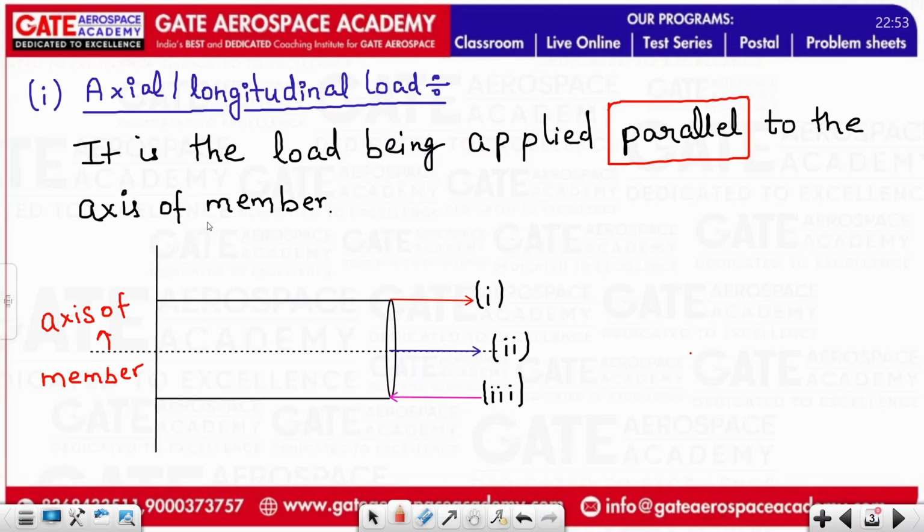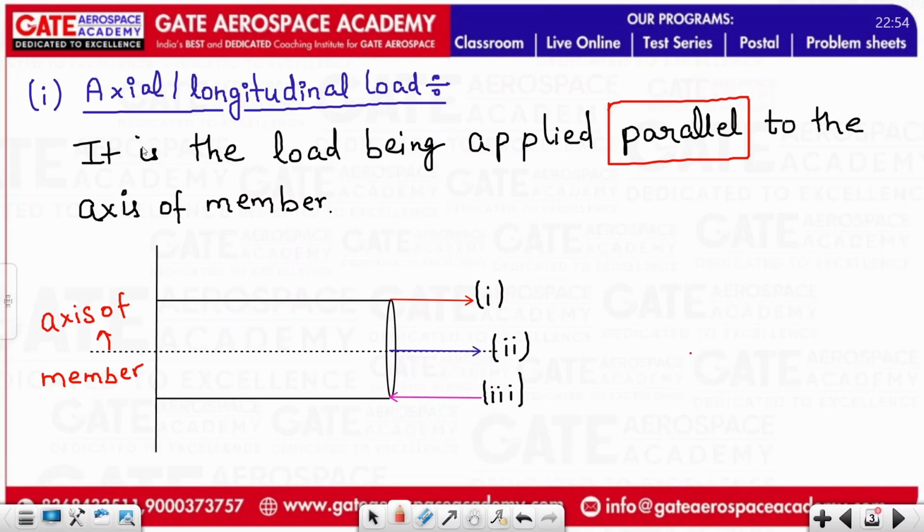So whenever the load is applied parallel to the axis of member, the position does not differ here. The position can be anywhere. It is not required to be exactly on the line of the axis of member. It can be eccentric also, it can be away from it, but if the load is applied parallel to the axis of the member, then that will be classified as your axial or longitudinal load.